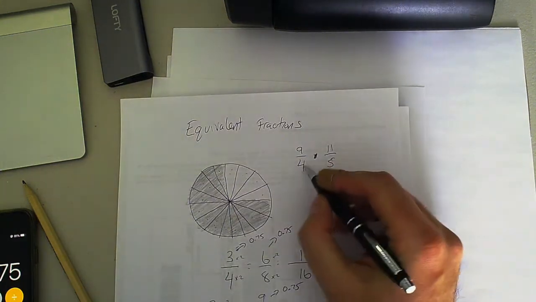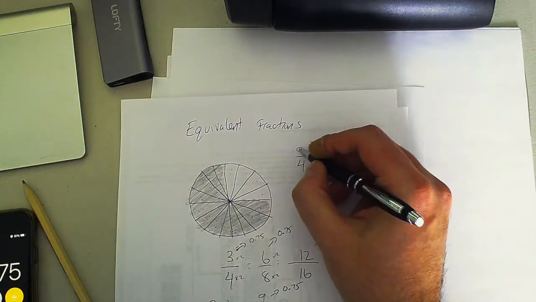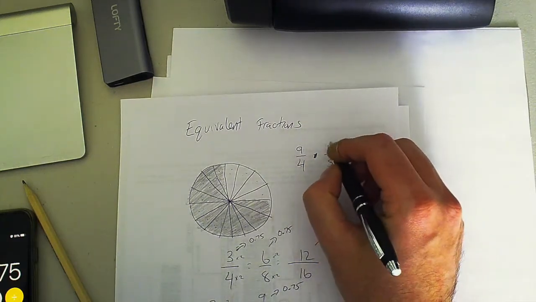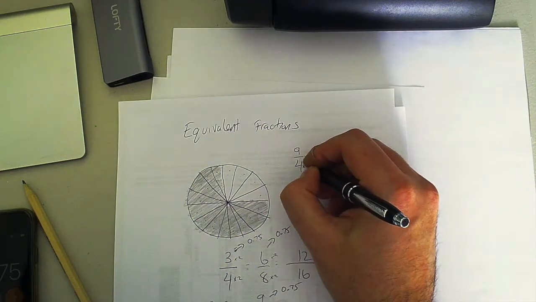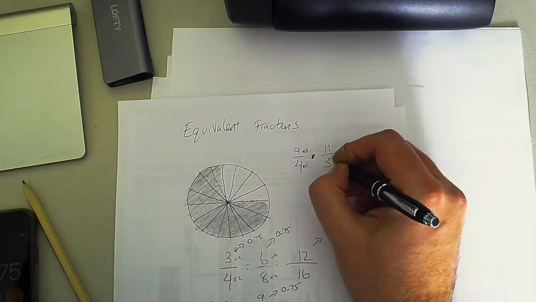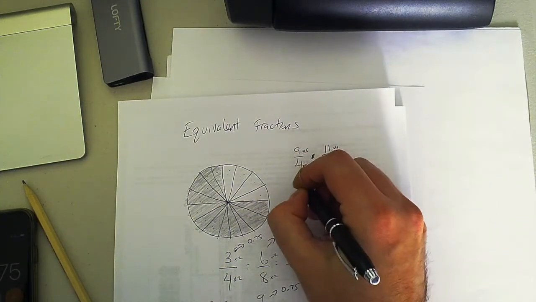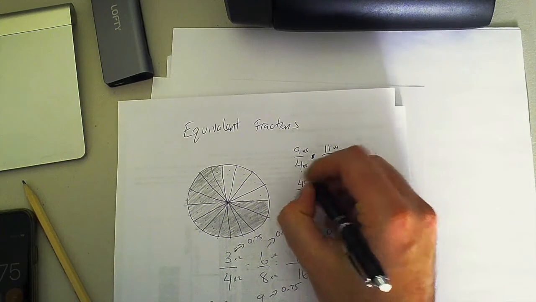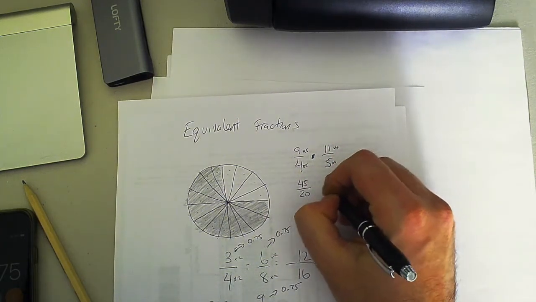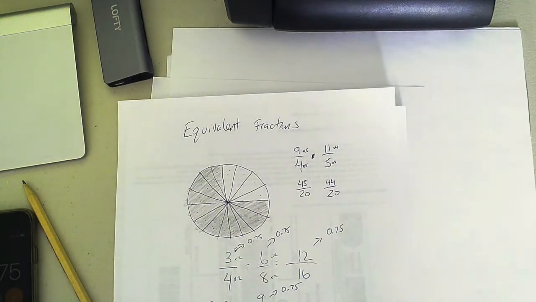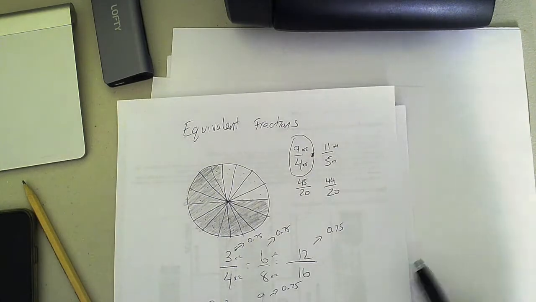I usually tell students, just multiply these numbers by each other. So because this is 9 over 4 and you're comparing it to 11 over 5, I multiply this by 5 and this by 4. So this now gives you 9 times 5, 45 over 20. And this is 44 over 20. So you can already tell that these two are not equivalent and that this is actually a greater fraction.